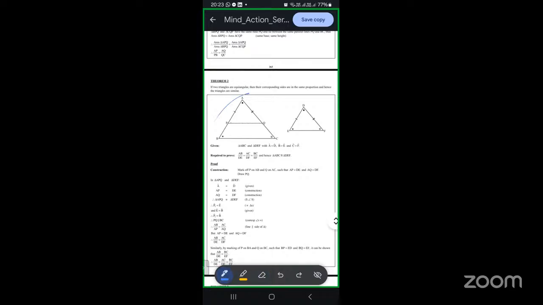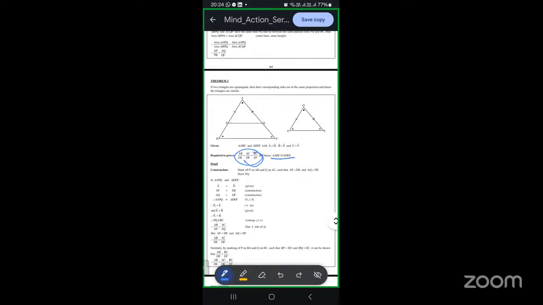We can see that these triangles are equiangular because this angle is equal to that, this is equal to that, this is equal to that. So these are those proportions that they talk about.